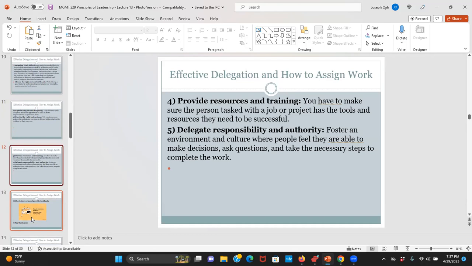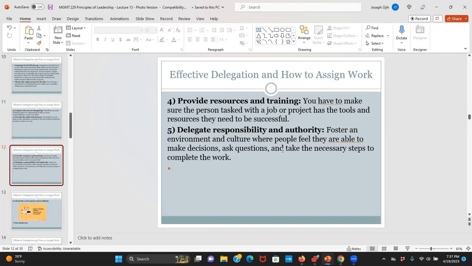It is also important to make sure that when you delegate a task, the person has the tools and skills they need to complete the task, or you provide a way for them to work on those skills. Either you give them or you make sure you provide them the way to work on those skills.